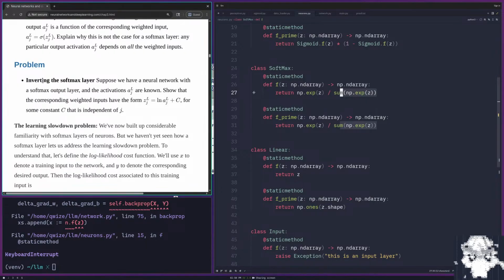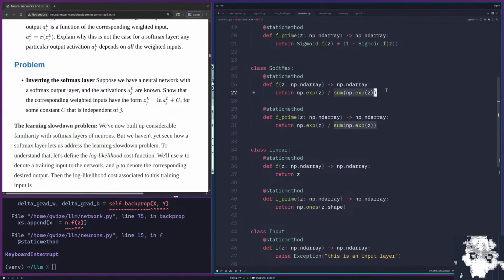Show that the corresponding weighted inputs have the form ZJ equals ln AJ plus C for some constant C that is independent of J. Well, you're taking the opposite of the exponential, so you're getting the logarithm.